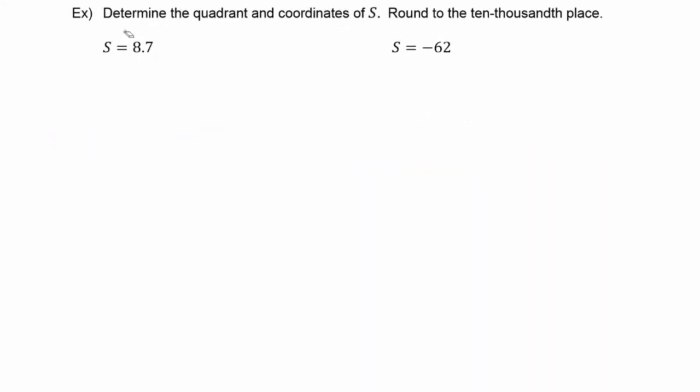Next, we're being asked to determine the quadrant and coordinates of S. So we're told that S is equal to 8.7. Now remember, that's the arc length. If we want to know the coordinates, we know that the x-coordinate is going to be the cosine of S, and S is 8.7.